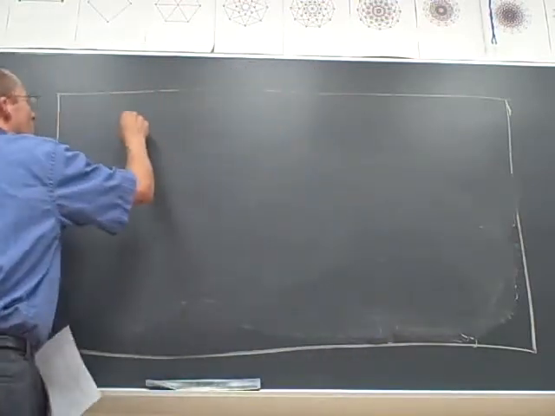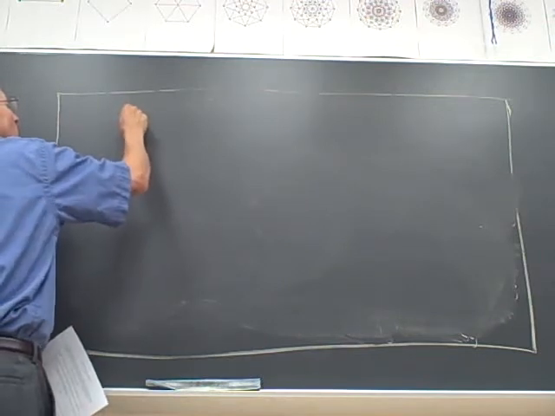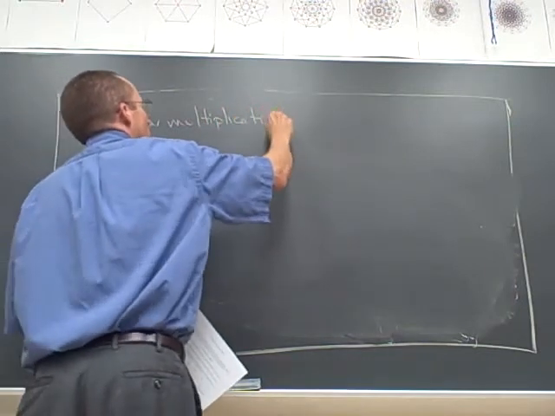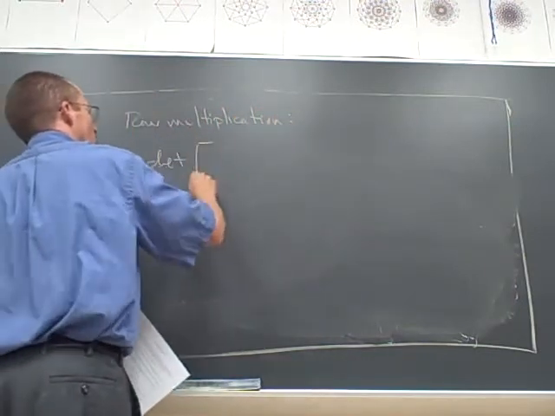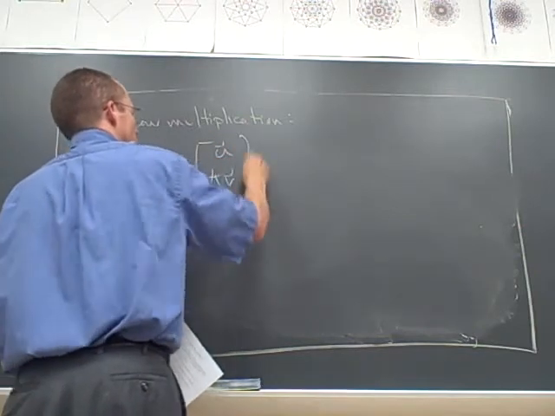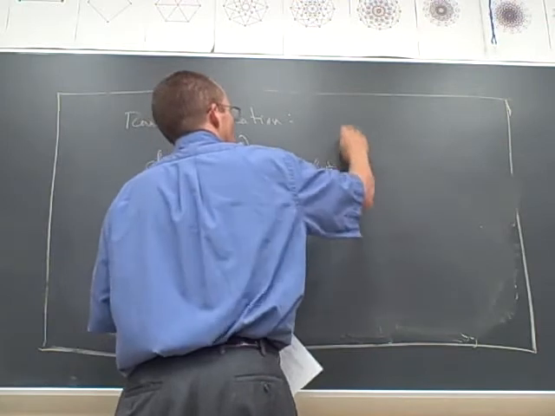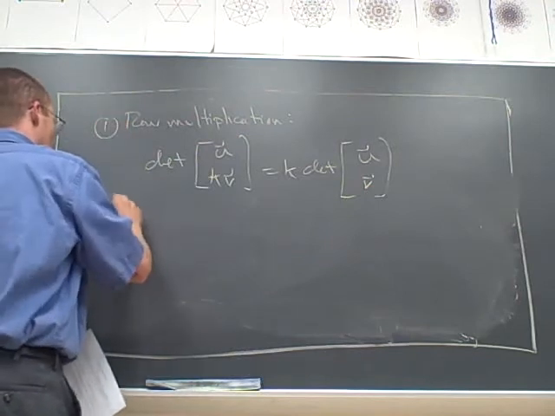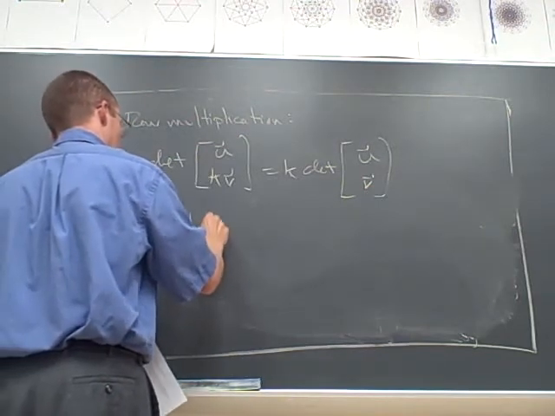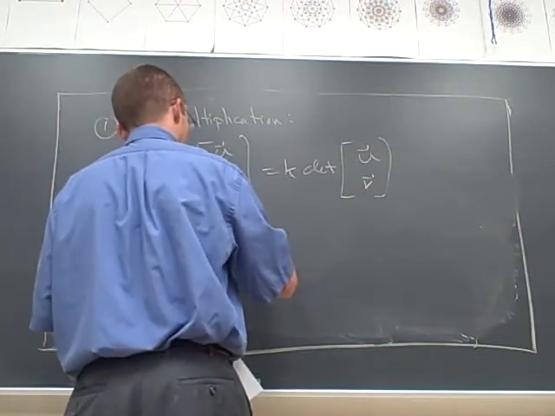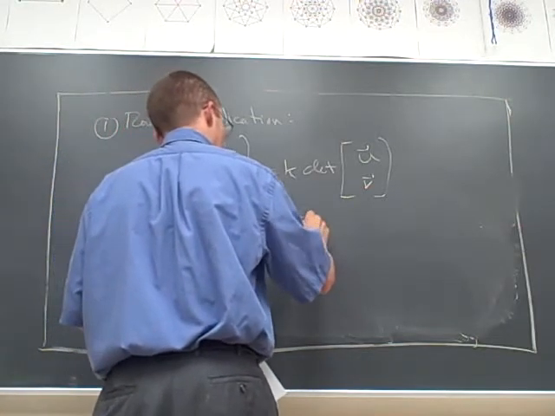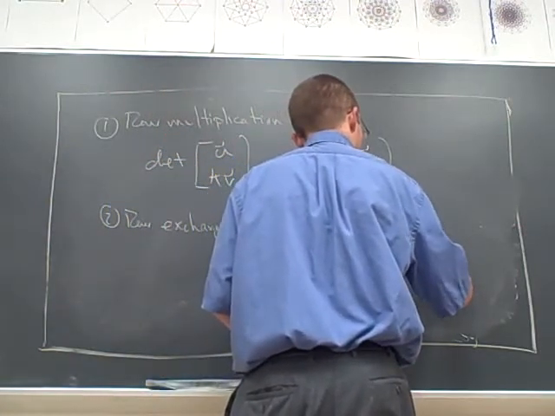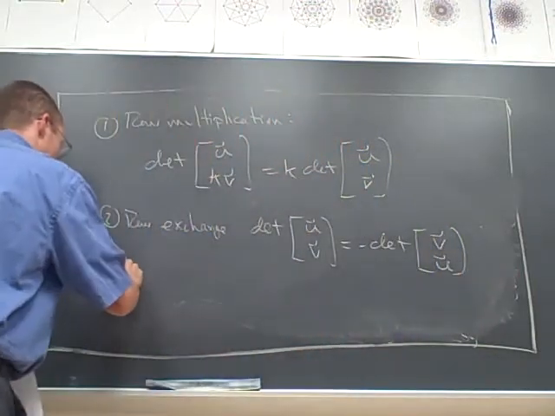We can summarize what we know, saying that a row multiplication multiplies the determinant by whatever your factor is. So that's like this. And the same would be true if I multiplied the top row. A row exchange, and I summarized this at the top of part 3, changes the sign because of the signed area issue.